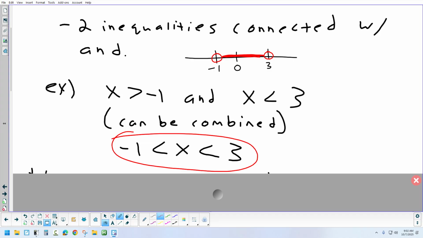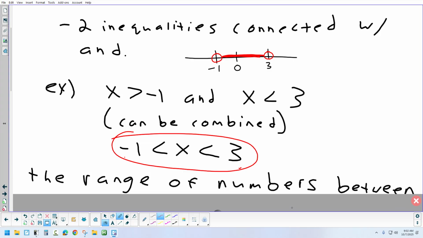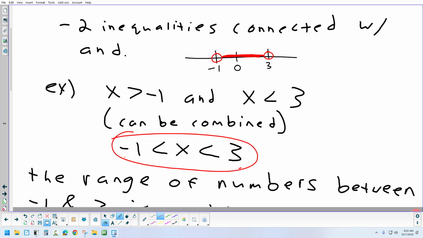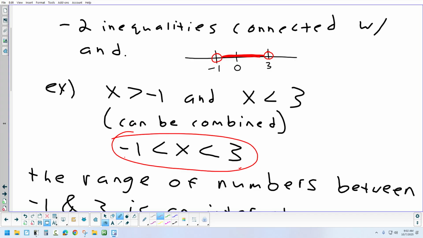Okay, so the way that you can combine it is you put the letter in the middle, smaller number on the left, bigger number on the right, and both inequality symbols point towards the smaller number. So as I said before, it's like a range. It's like a section of numbers between -1 and +3.